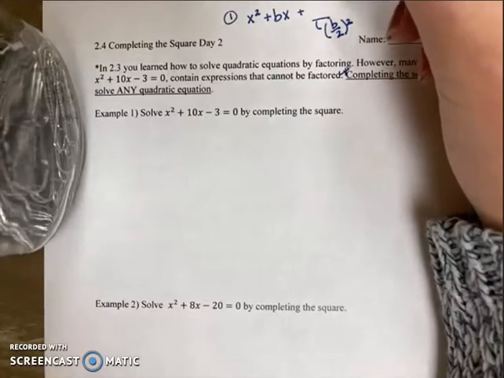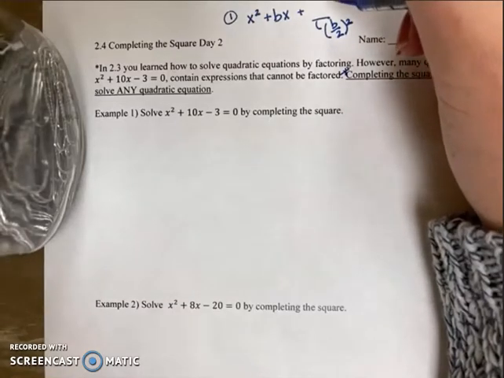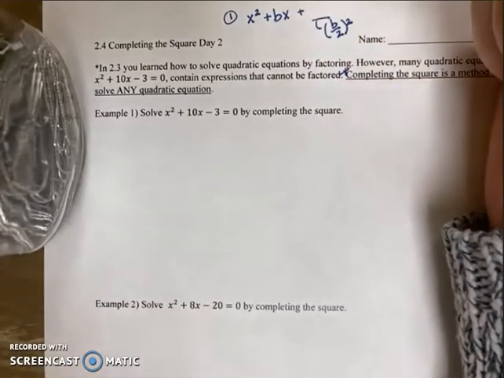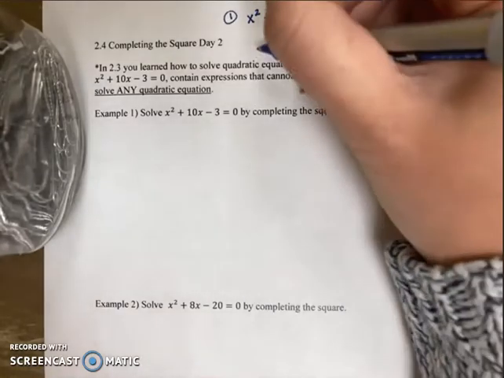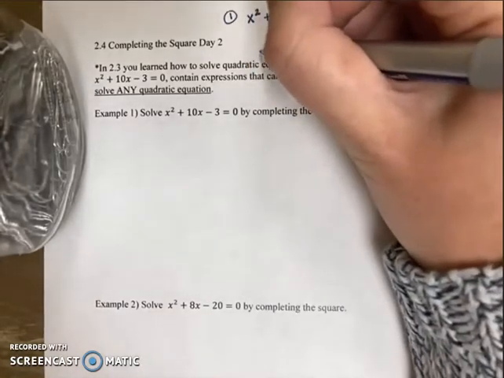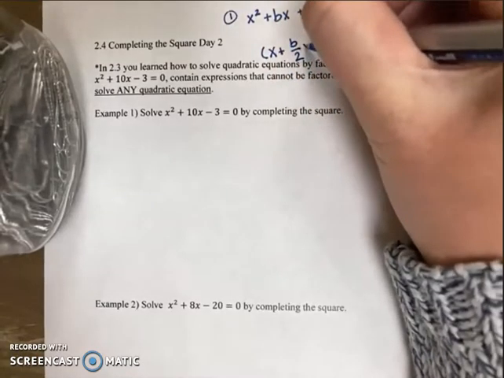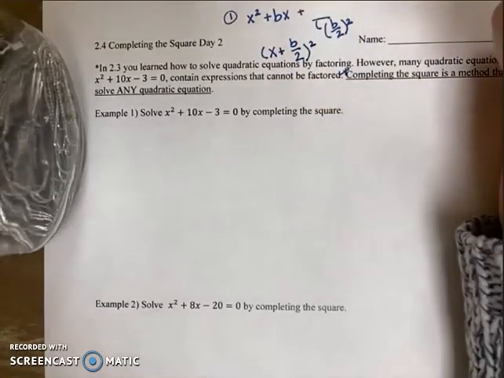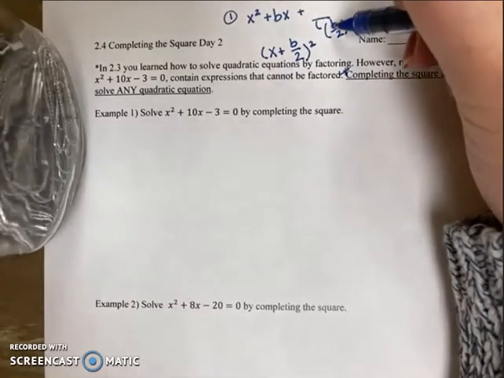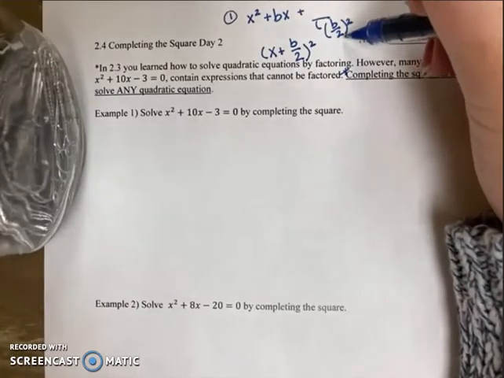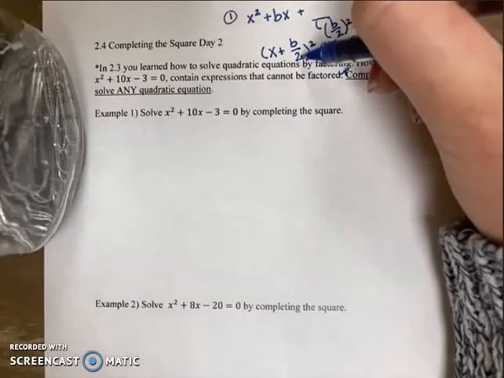When we add this number, b over 2 squared, like I said, we're going to end up getting a perfect square binomial. And that would look like x plus b over 2 being squared. So essentially we're taking what was inside of the parentheses, what we ended up squaring, and putting it here.